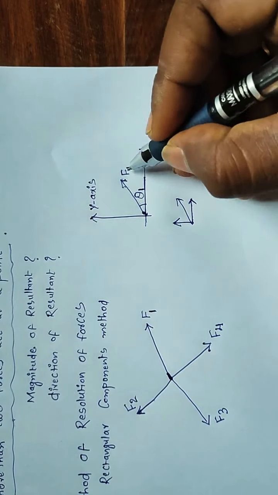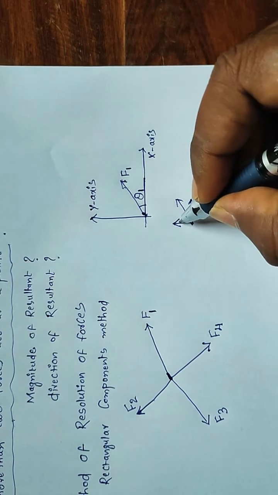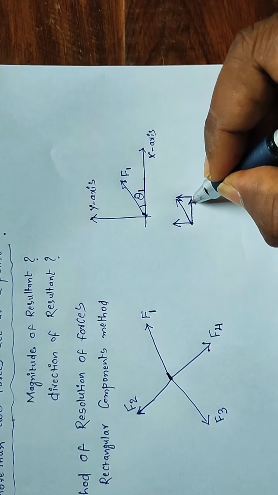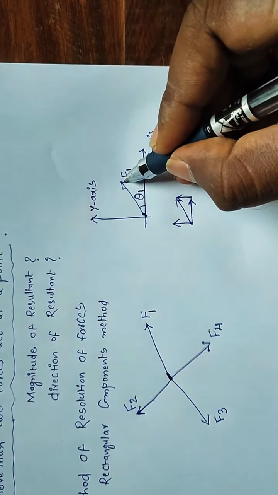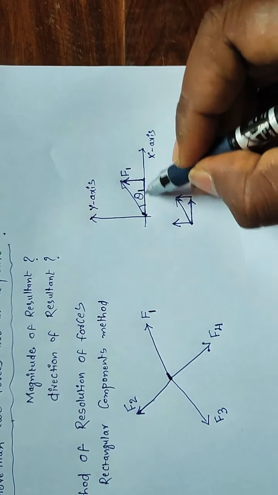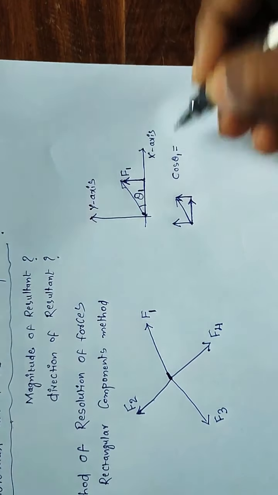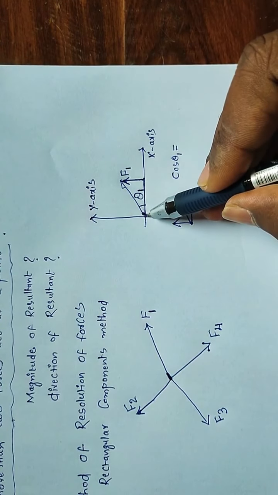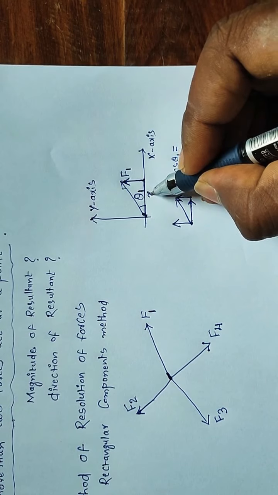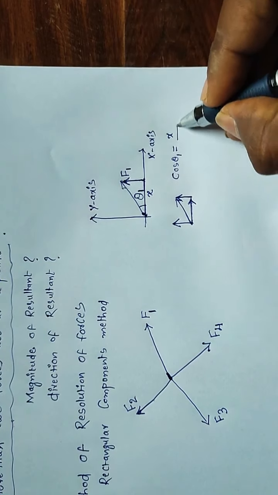So here we can draw like this. This horizontal component, vertical component, parallel can be drawn here also. So here we are forming a right angle triangle. From this right angle triangle, cos theta 1 equals the adjacent side, which we don't know, so here we are assuming some x, divided by the hypotenuse.